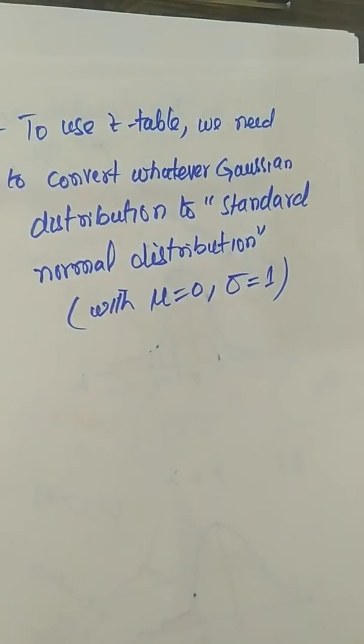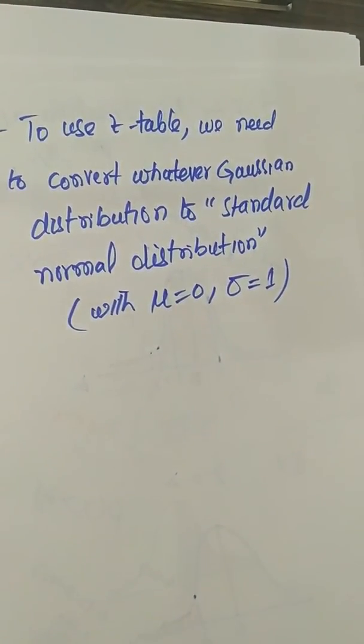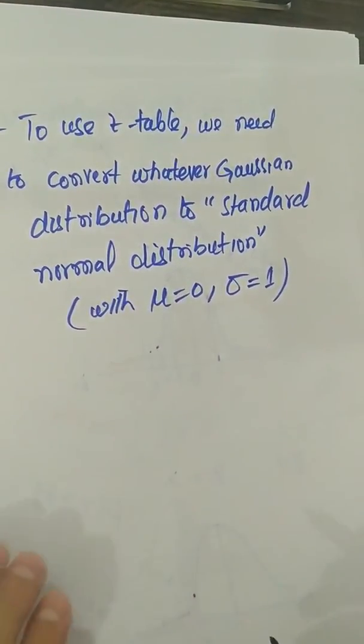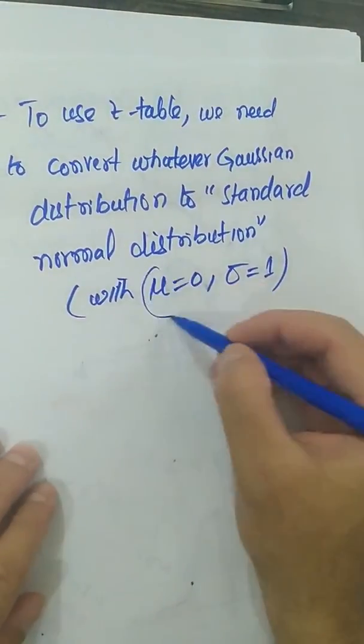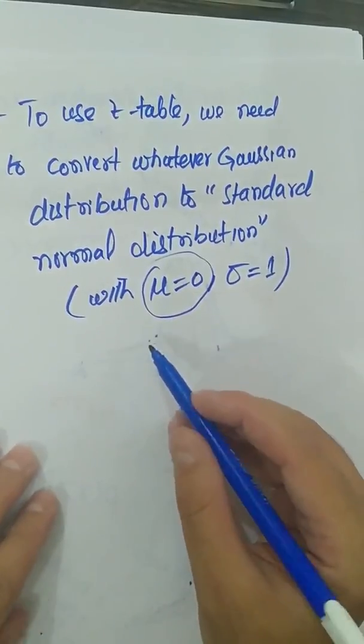So how do we convert this? We subtract mu from the random variable.